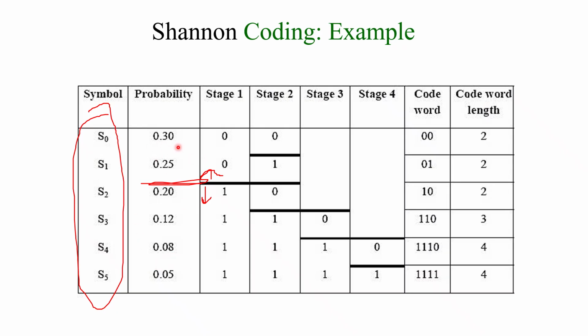But if you put only one above and the remaining five below, then what will happen? This will be 0.30, and the remaining will become 0.65. So the gap is very large. That is why we will consider team 1 which has 0.55 and team 2 which has the additive value of 0.45, right? Then both teams will be almost equal to each other, right?